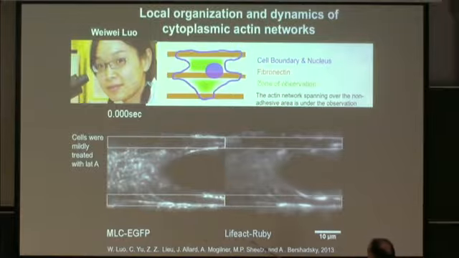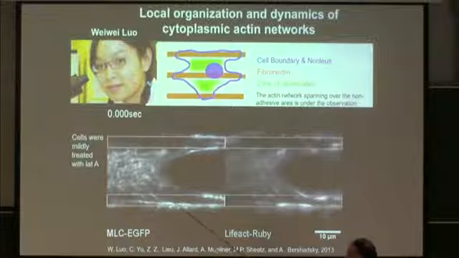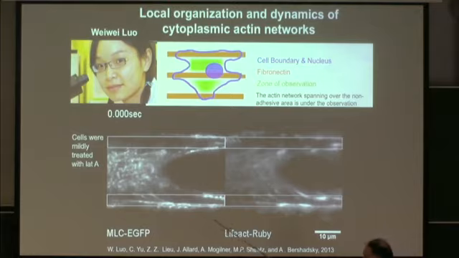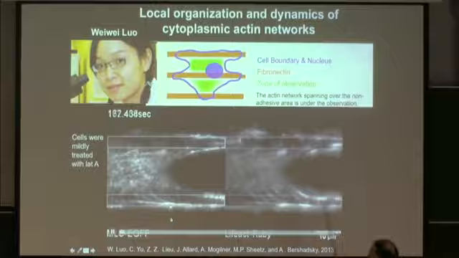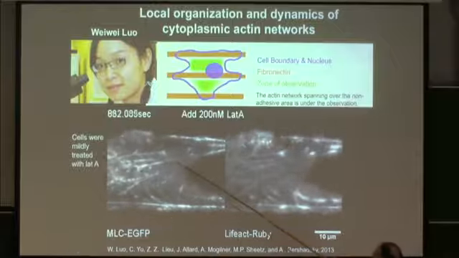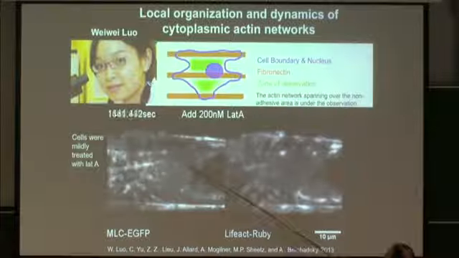The cells were labeled simultaneously with a marker of actin and myosin light chain. And what we noticed, using a trick, namely that we treat these cells with small doses of latrunculin A, which does not essentially change the cell shape and does not even prevent actin polymerization, but for some reason makes much more clear what is going on in the cell, is the formation of numerous patches that you will see now.